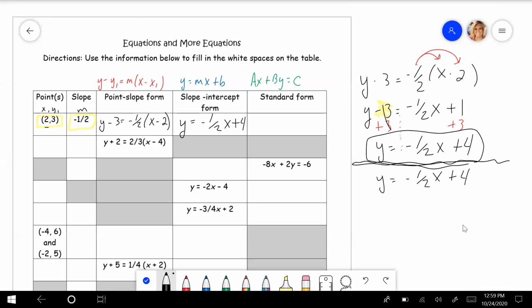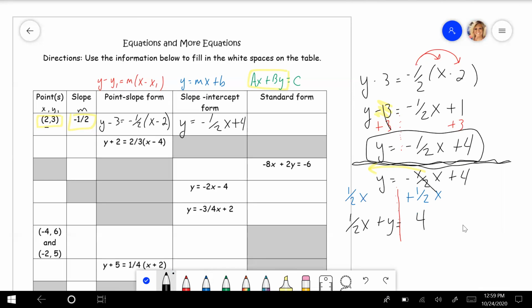First thing you have to realize is that the x and y are on the same side of the equation. I've got to get this x over here to the left. So instead of minus 1/2 x, I'm going to add 1/2 x to each side. So I'm going to get 1/2 x plus y equals 4.